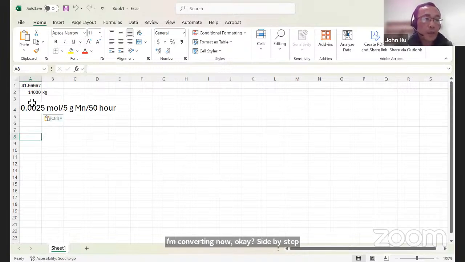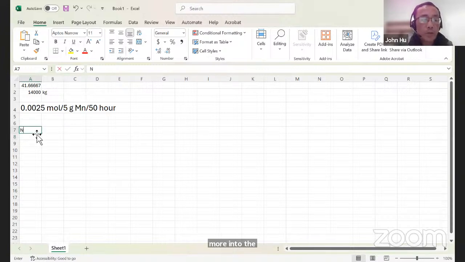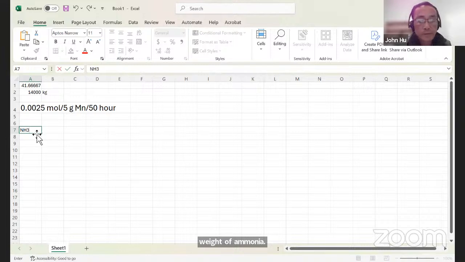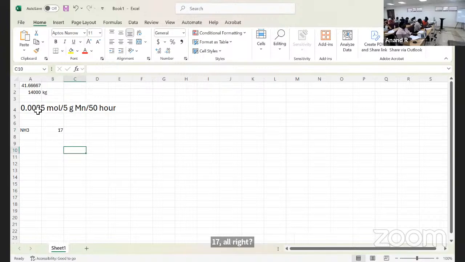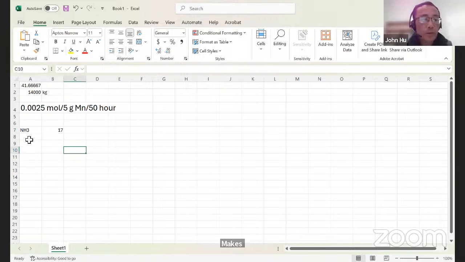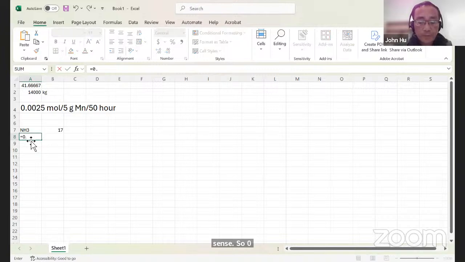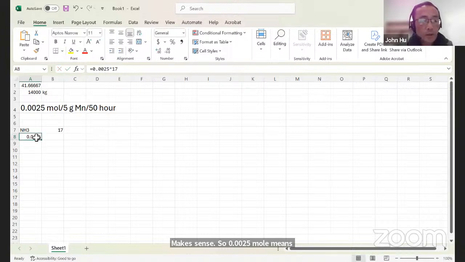First I want to turn this 0.0025 mole into the weight of ammonia. What is the ammonia molecular weight? 17. All right, yes, makes sense. So 0.0025 mole times 17, they become this many grams, all right?